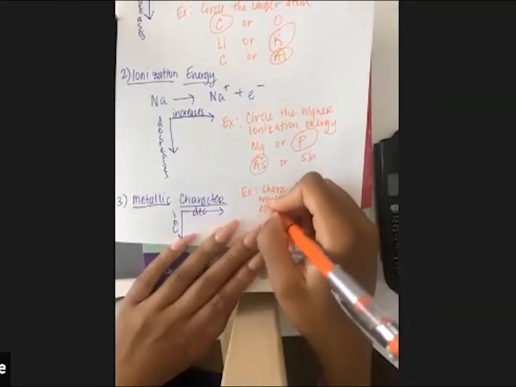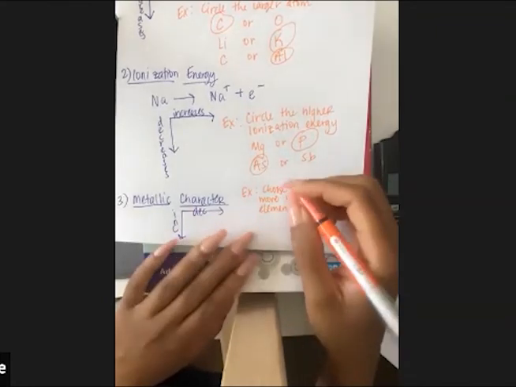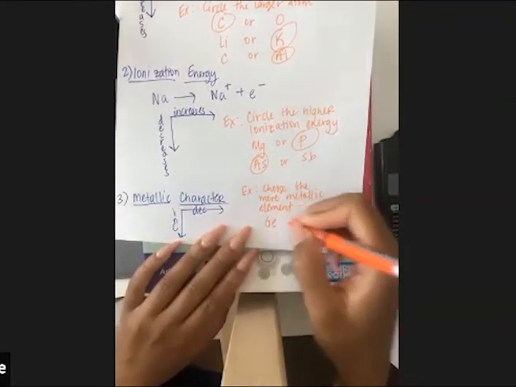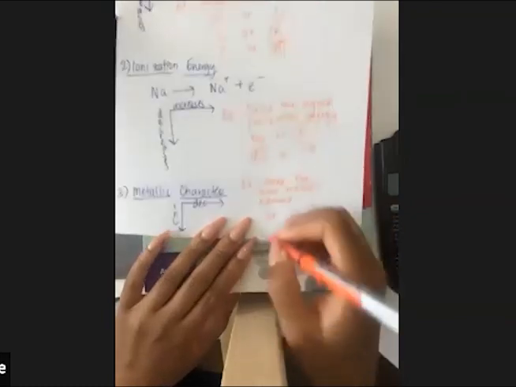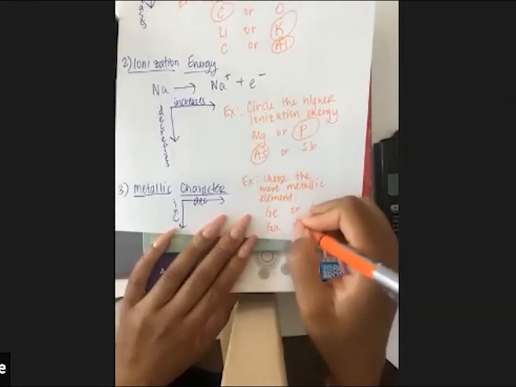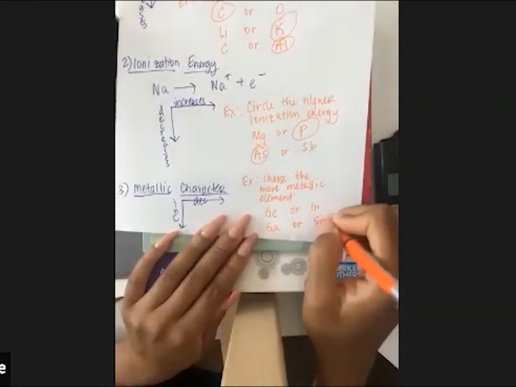So the question says, choose the more metallic element: Ge or In, and then Ga versus Sn.